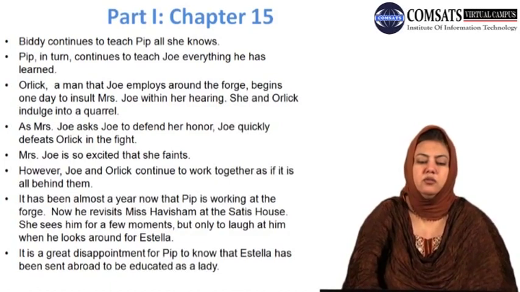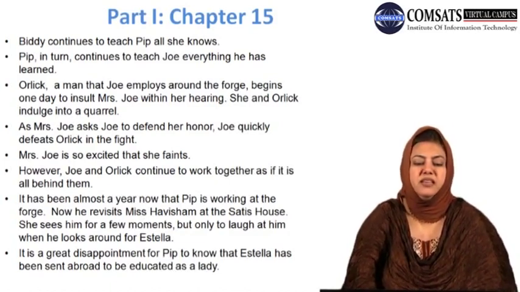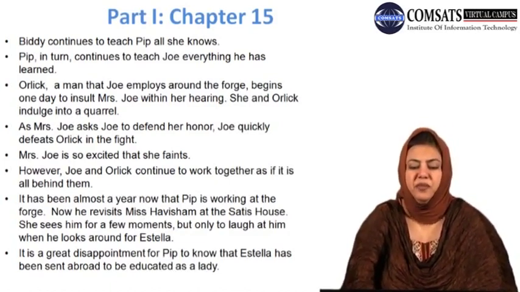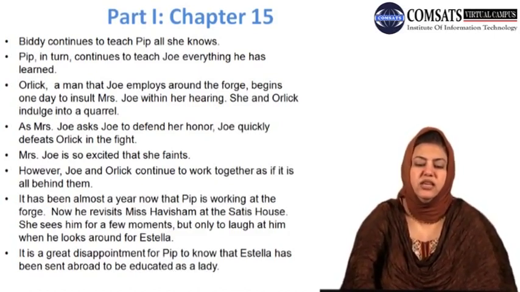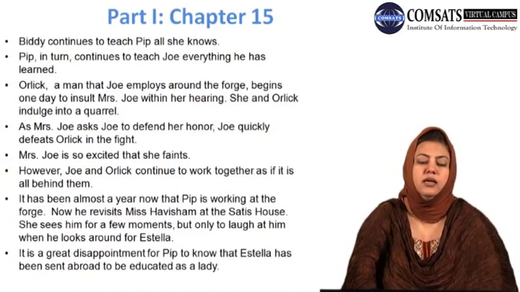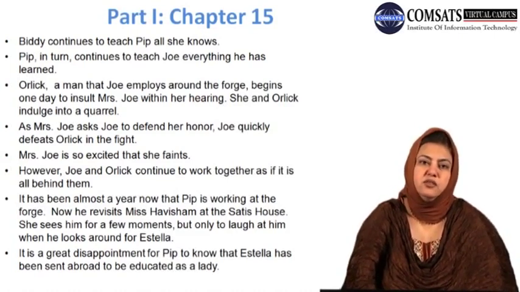Orlick, a man that Joe employs around the forge, begins one day to insult Mrs. Joe within her hearing, and what we notice is that she and Orlick indulge in a quarrel. As Mrs. Joe asks Joe to defend her honor, Joe quickly defeats Orlick in the fight. We are surprised to notice this as readers.